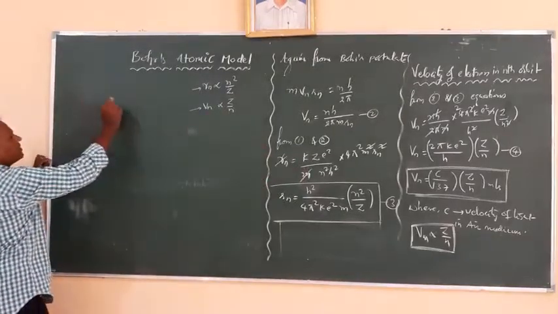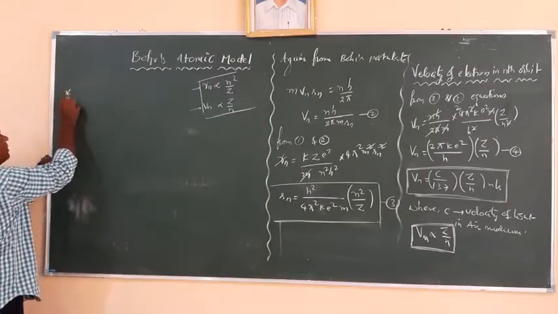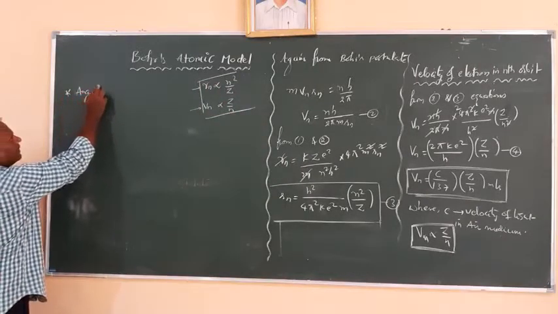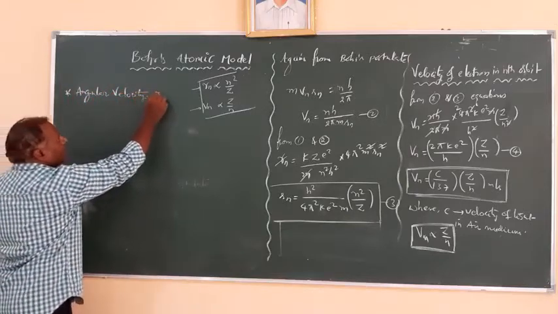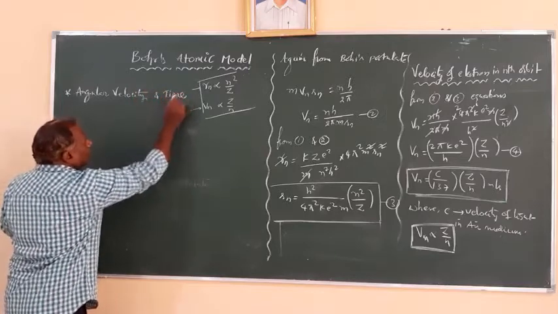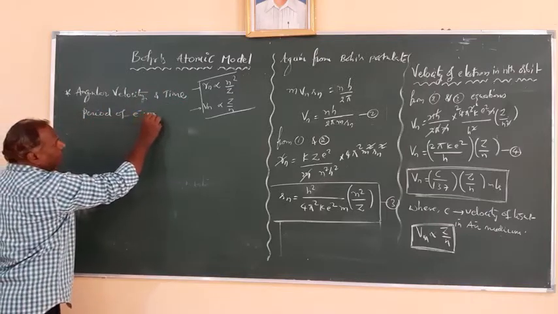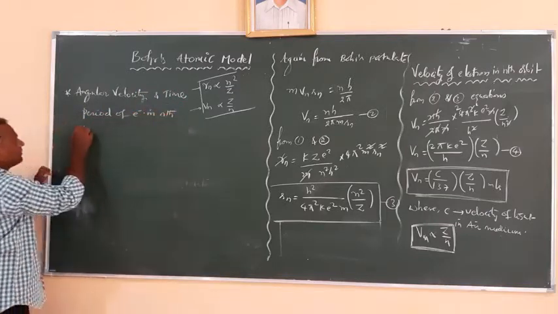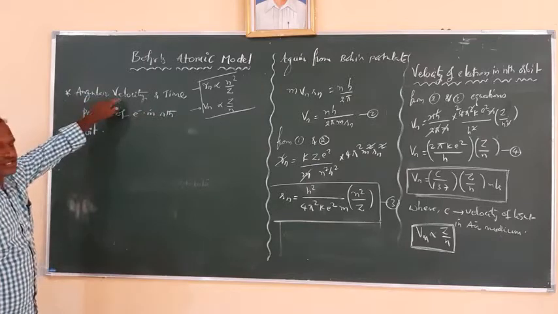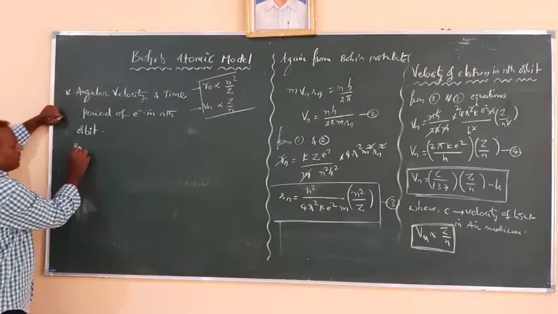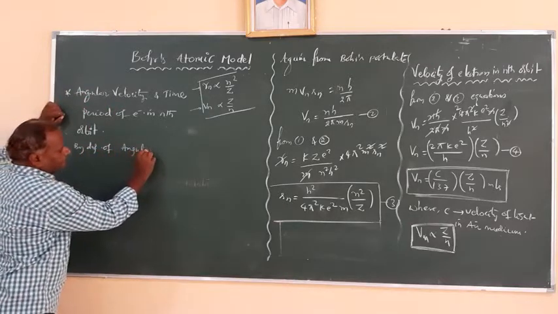Now we are going to discuss angular velocity and time period of electron in nth orbit. So what is the angular velocity?